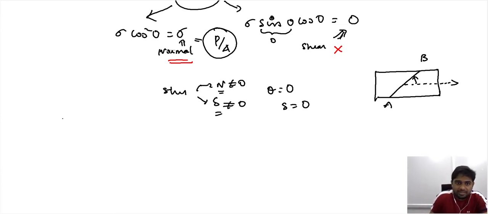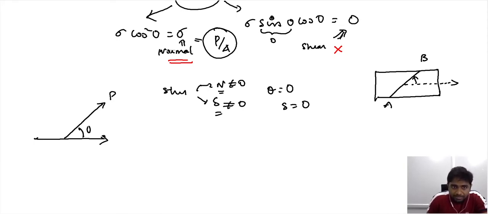So let me give you an example. If you consider a straight line like this, and this is the loading direction, and I'm projecting this direction onto this direction, which is inclined by an angle theta, then it becomes straightforward because we are projecting this load onto this direction which is separated by an angle theta.